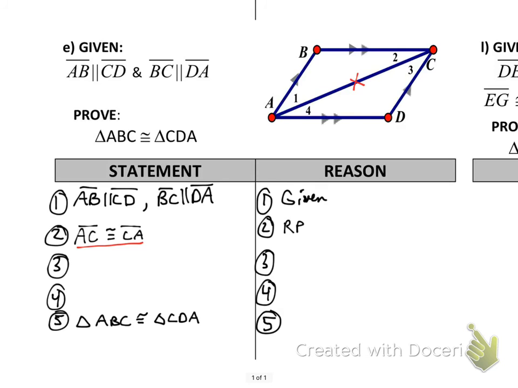All right, and this is nice because these are labeled angles, 1, 2, 3, and 4. So if you have labels on your angles, you can use those rather than naming them. Okay, angles 2 and 4 are congruent because of what again? Alternate interior angles. I'll mark those so that we can keep our color coding going. 2 and 4, and 3 and 1.